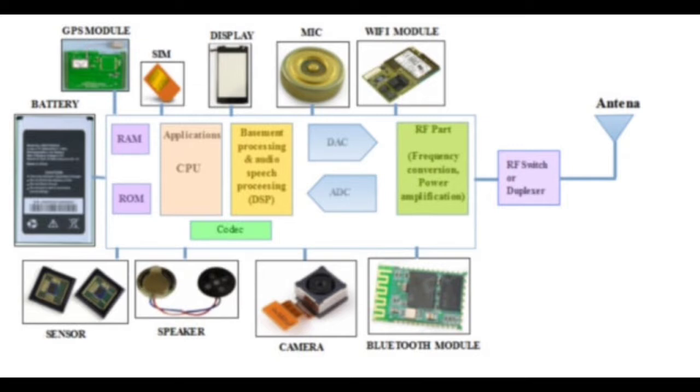When we say a mobile, it is not just a piece of plastic or metallic body. As it looks from outside, there are lots of different component modules inside that mobile.